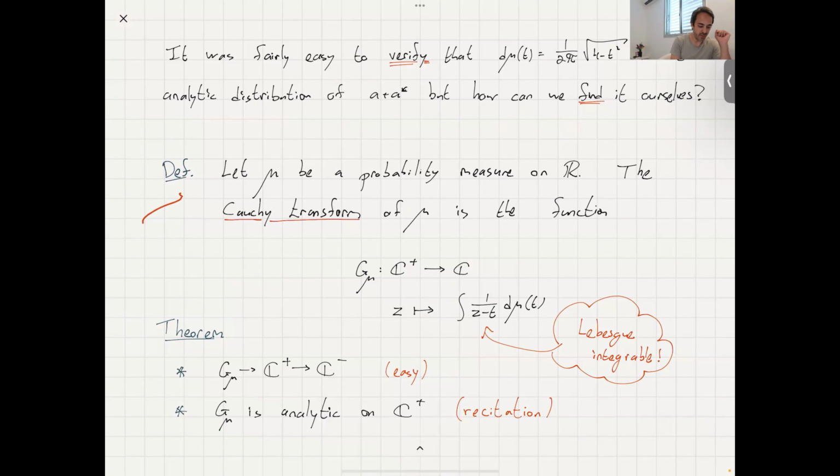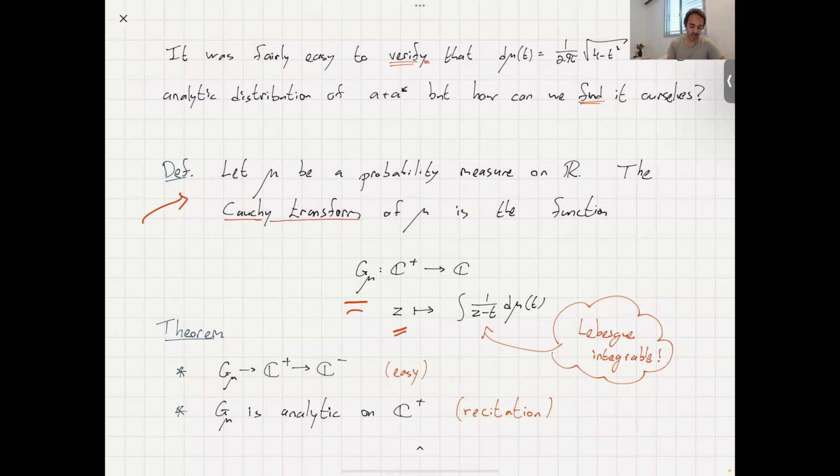So I'm looking at this definition. Say you have a probability measure on R. We are only going to think of probability measures on R, but you can extend these things. And the Cauchy transform of mu is a complex valued function. It's defined from the upper half complex plane to the complex plane, and it's given by the following map.